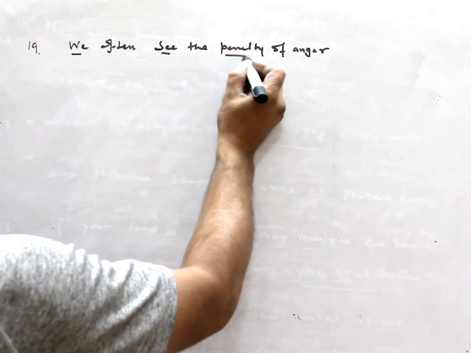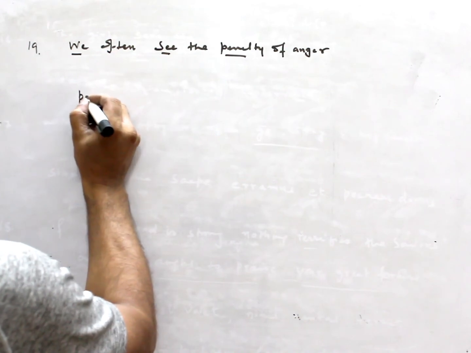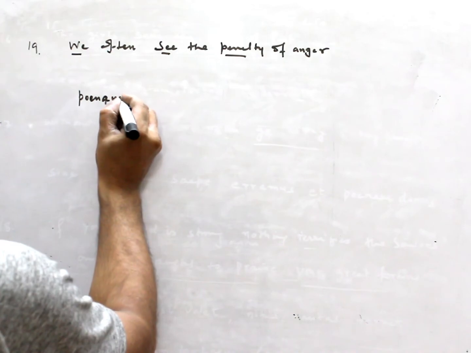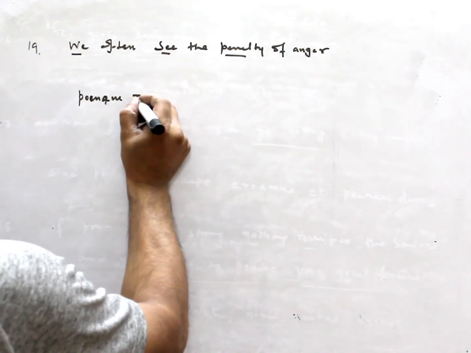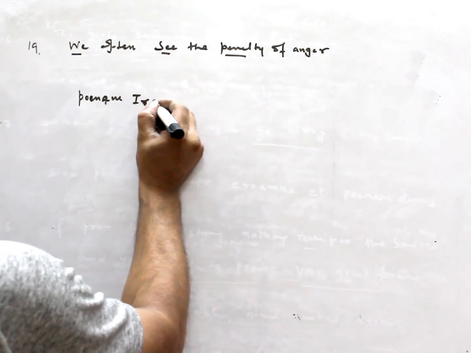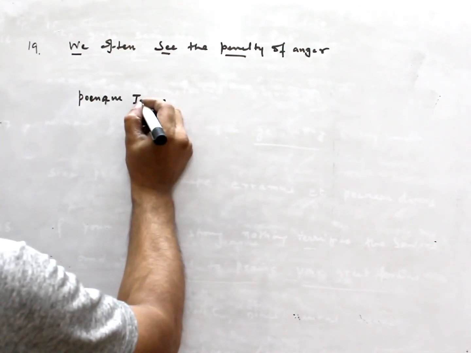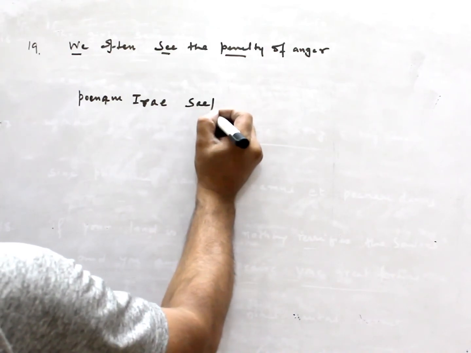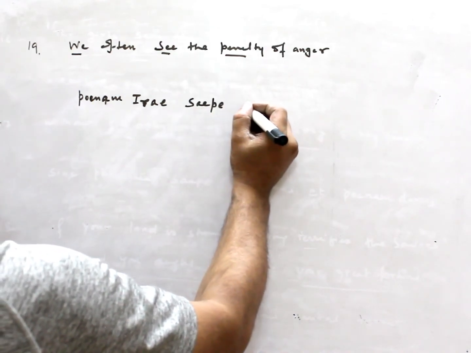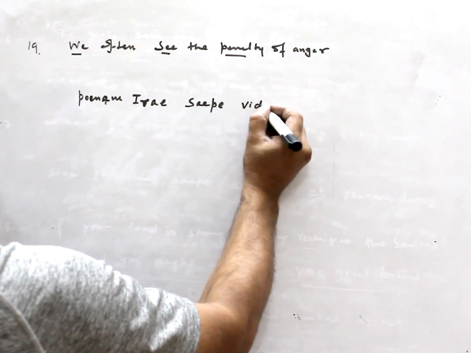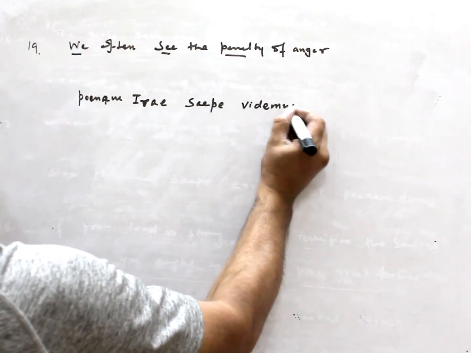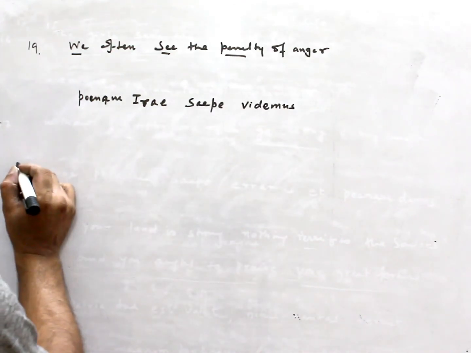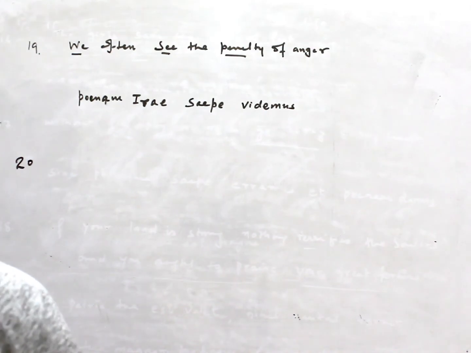The object we take, penalty. Poenam irae. This is saepe, often, and this is vidimus. We see. Often we see poenam irae, and this is 20.